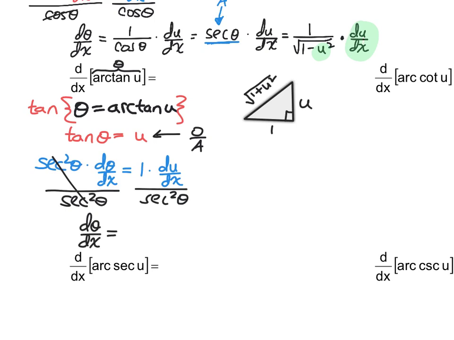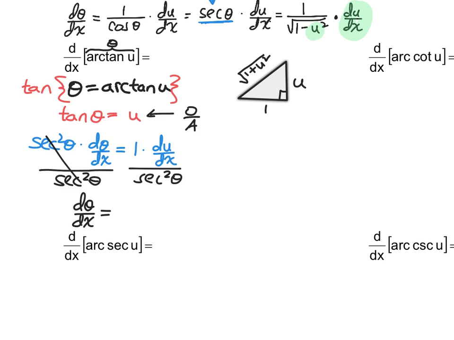d theta dx, instead of just rewriting it just to change it, I can take my 1 over secant squared and make that a what? Cosine squared. Now cosine is adjacent over hypotenuse, but I want cosine squared.